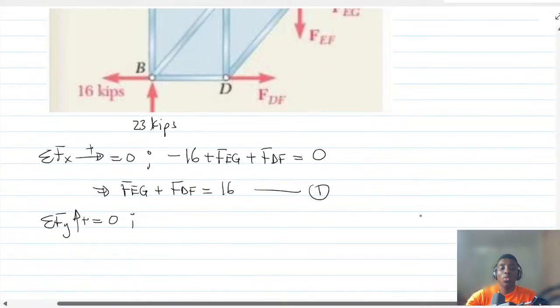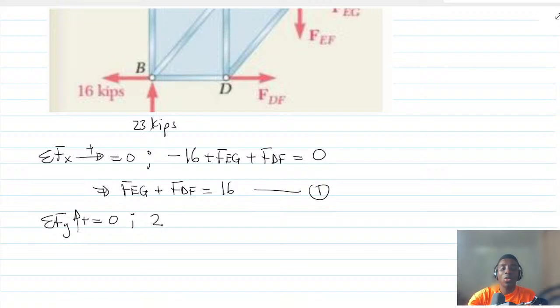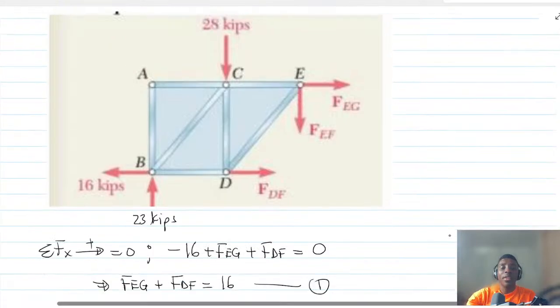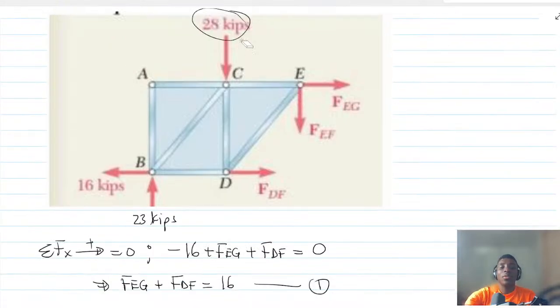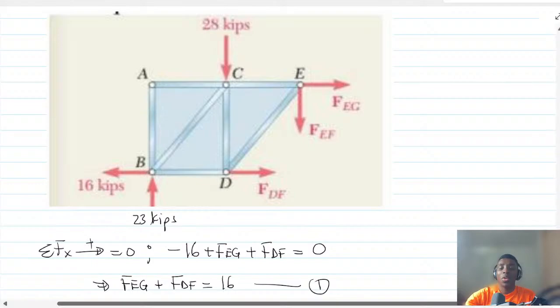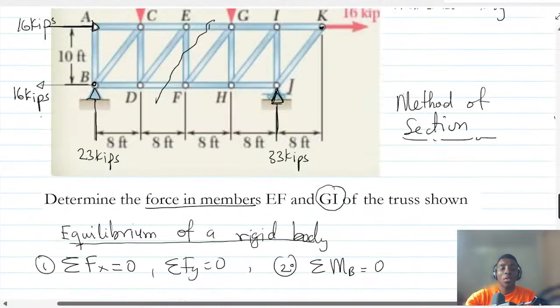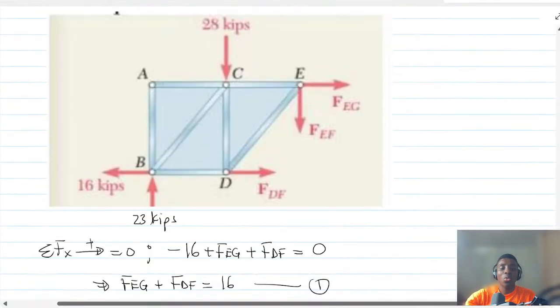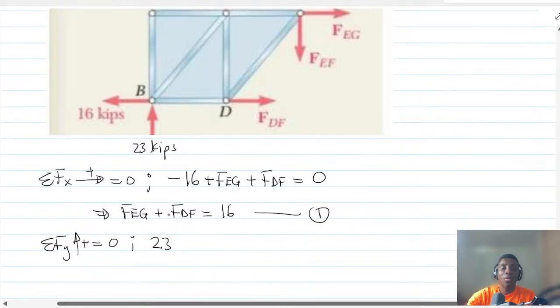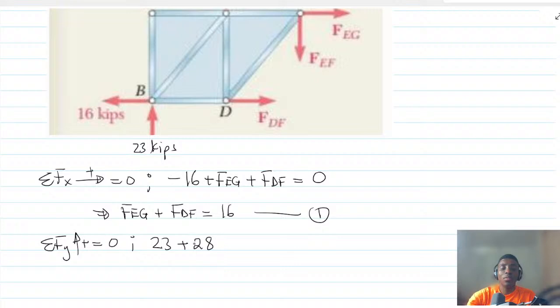So that one will come going up. It's positive. And then the 28 is coming down. Okay. So we have plus 23, and then minus 28.